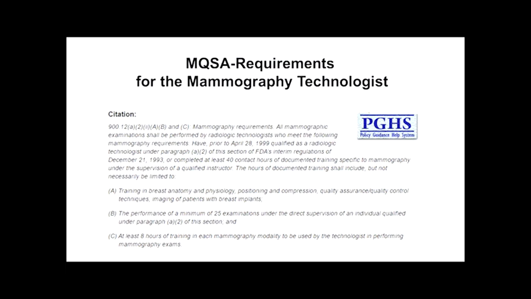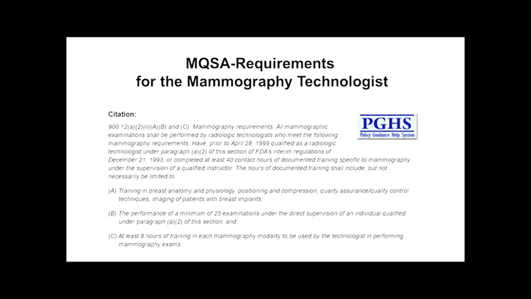Like I said, we're not getting into all the rules and regulations, but it does give you some appreciation for the people that actually are credentialing everybody and making sure that all of their paperwork is in order. Trying to document initial training, the experience, and the CE are all things that have to be documented and available for your MQSA on-site inspections.